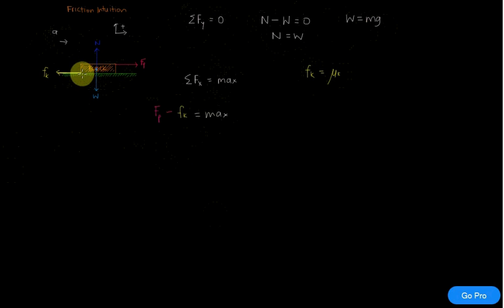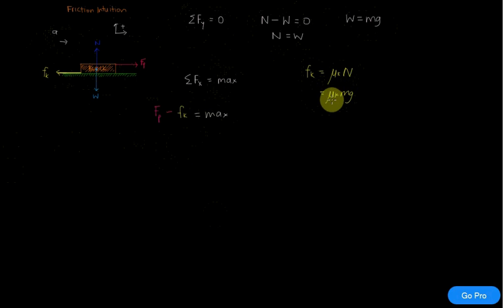So it's dependent on the surface texture, the surface roughness or smoothness, any lubrication that might be present, etc., multiplied by the normal force. But we already know that the normal force is equal to the weight force, which is equal to mg. So that means the force of friction is equal to mu sub k mg.